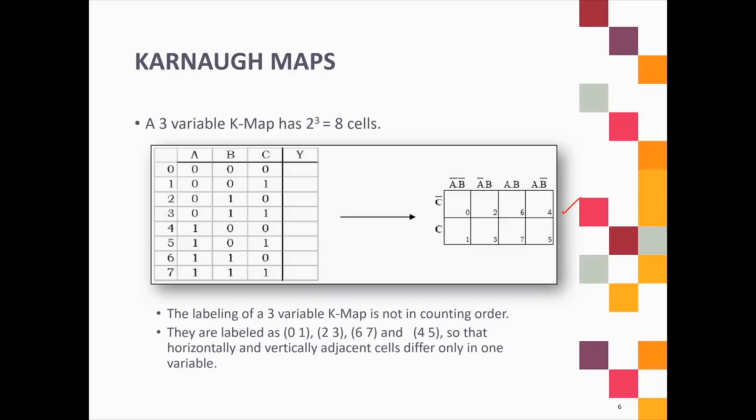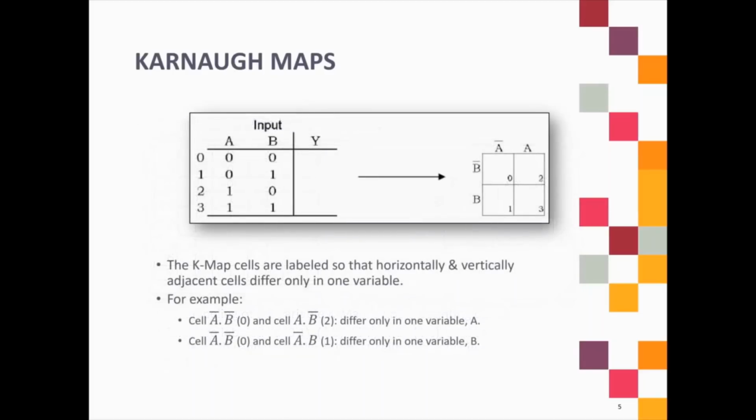Based on the previous slide, the K-map cells are labeled so that horizontally and vertically adjacent cells differ in only one variable.